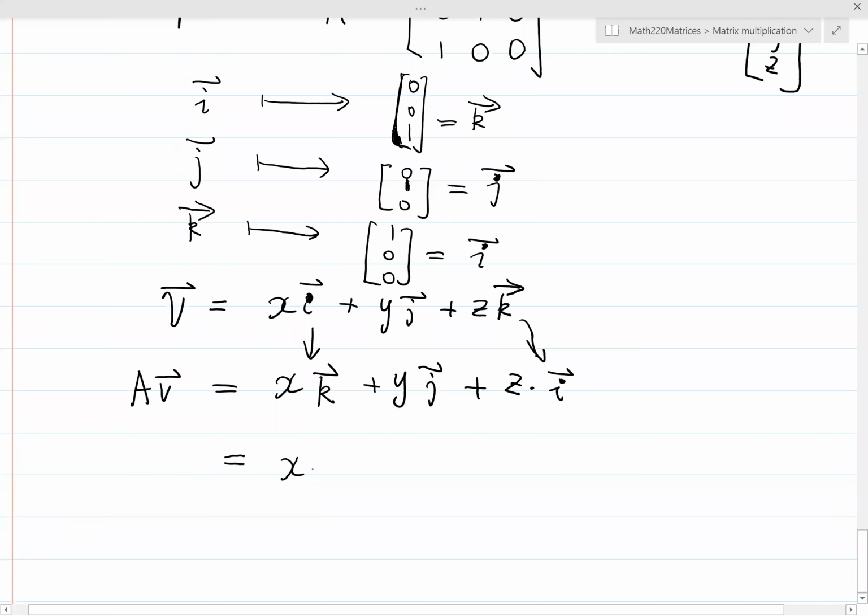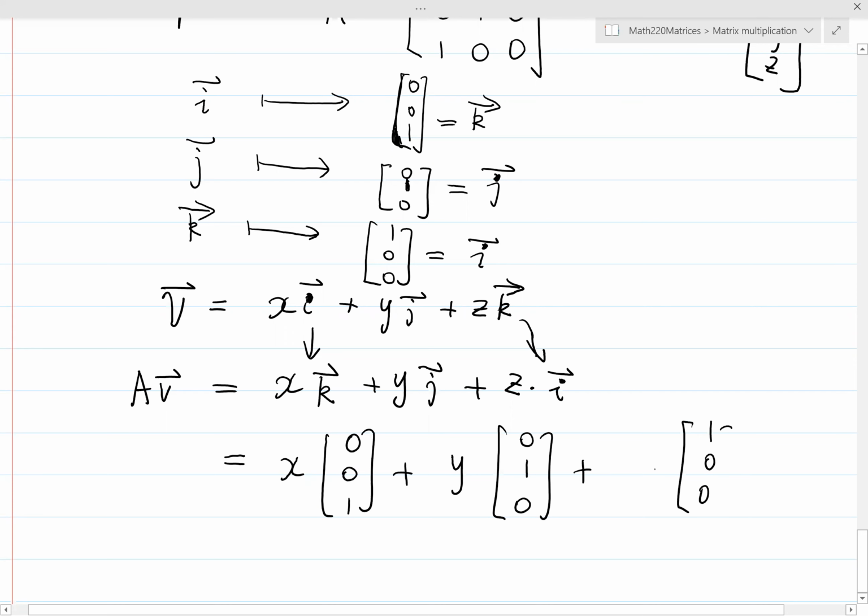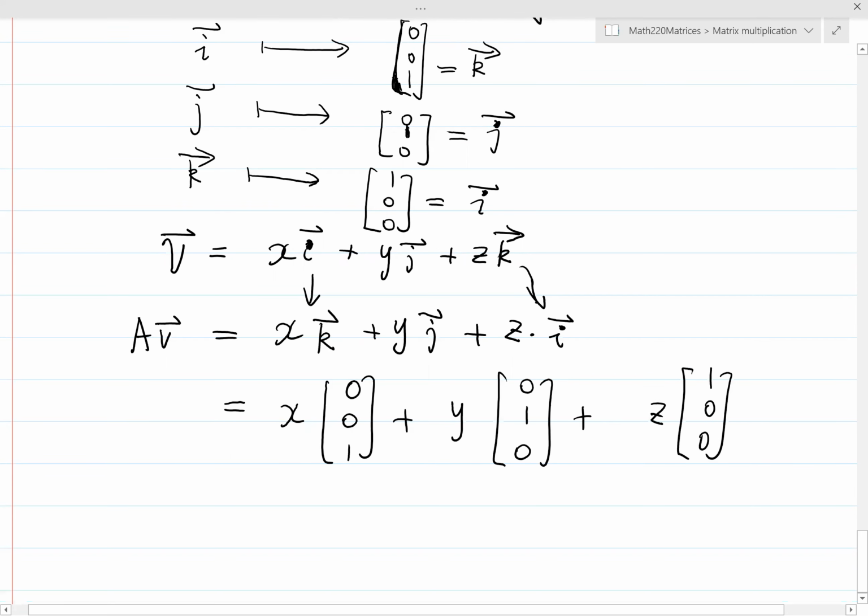K is 0, 0, 1. J is 0, 1, 0. I is the first one, ijk, 1, 0, 0. Now if you distribute inside x, scalar multiplication, so it's 0, 0, x.